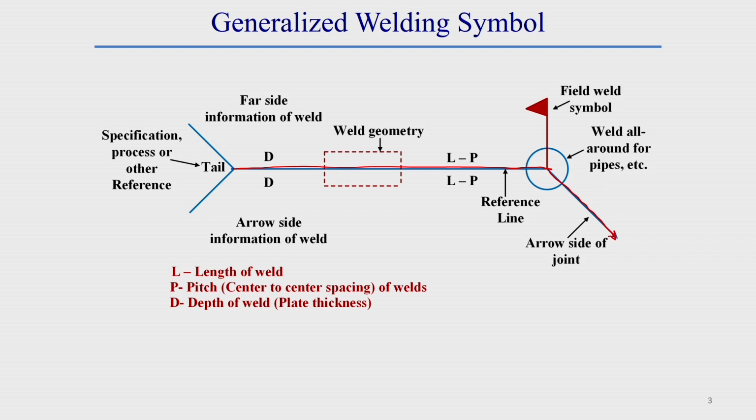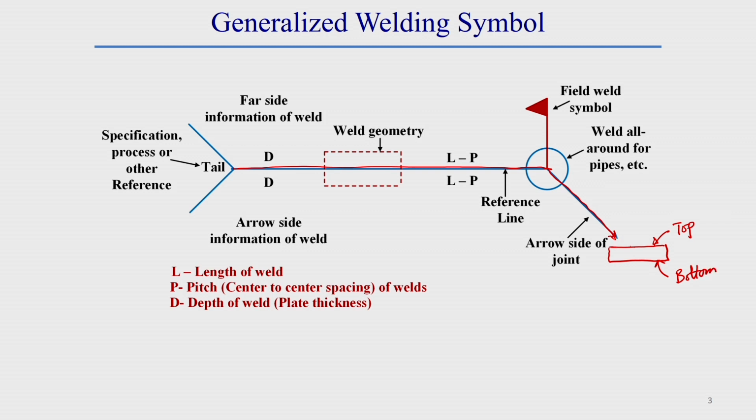Now, whatever is given at the bottom of this reference line is the details of the arrow side, and whatever is given at the top of this reference line is the details of the far side. Here we should know what the arrow side and the far side are. Arrow side means the plate where we have to do the welding. Here the arrow is facing the top side, and this is the bottom side of this plate.